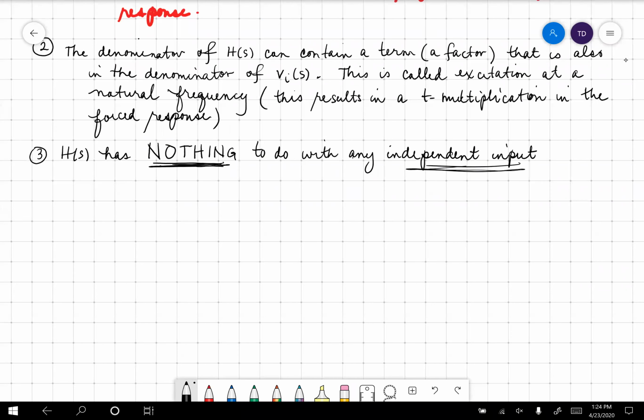Okay, so this has nothing to do with any independent input at all. So it doesn't change at all. If you change the input, H of S stays exactly the same. And we've seen that as well.